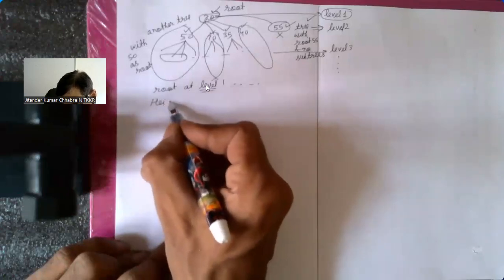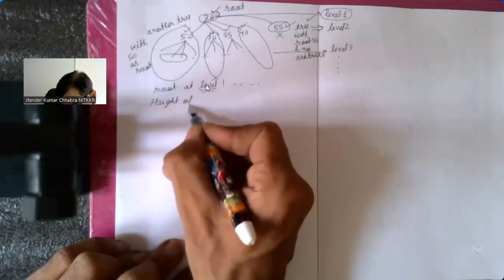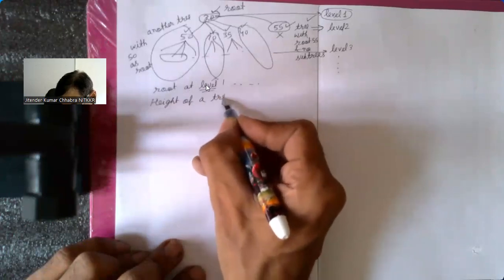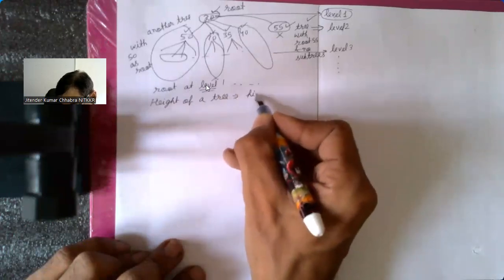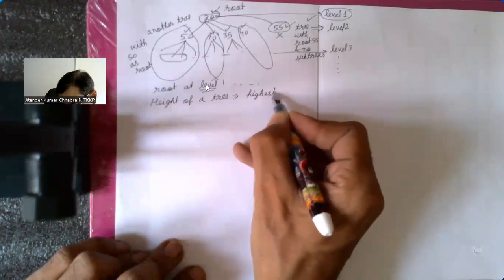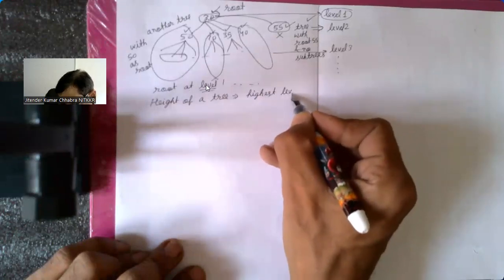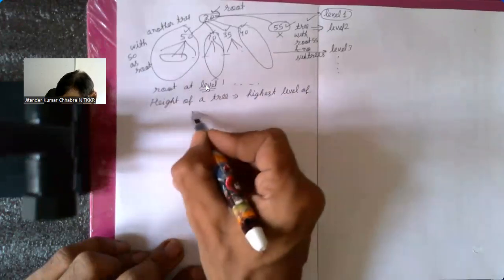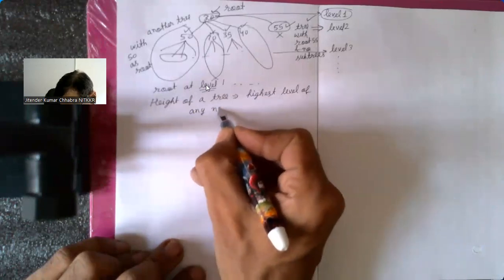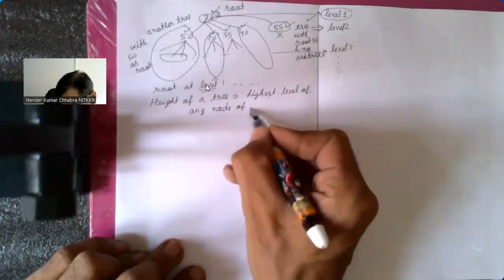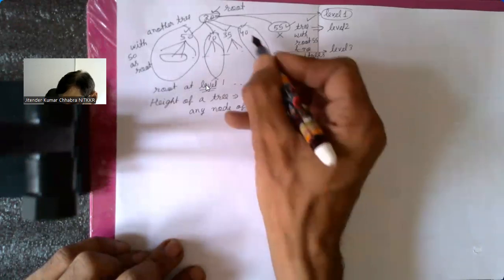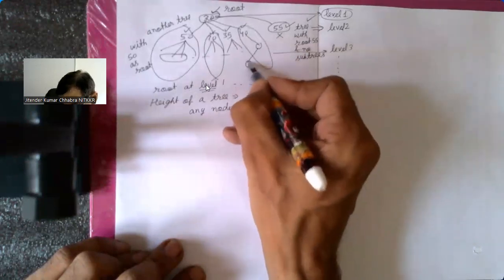Then we define the height of a tree. Height of a tree is always the highest level of any node of the tree. Now, that means that my tree 40 might grow like this.